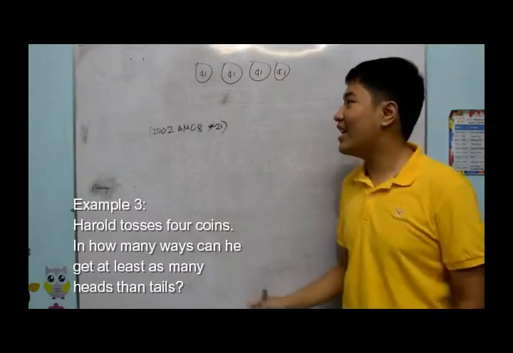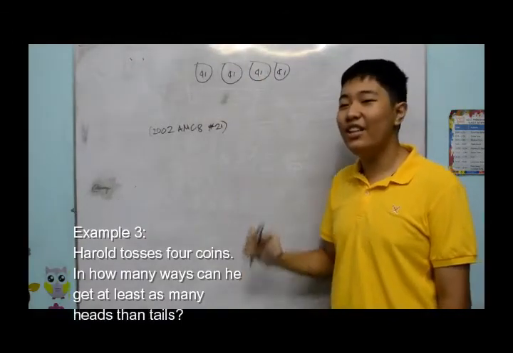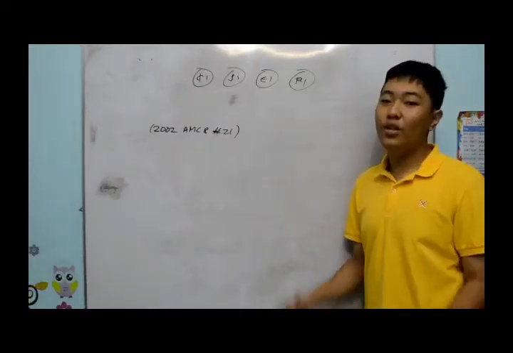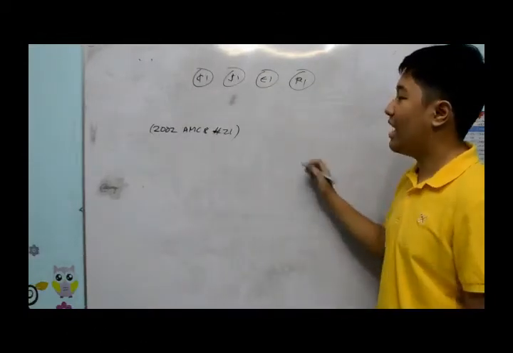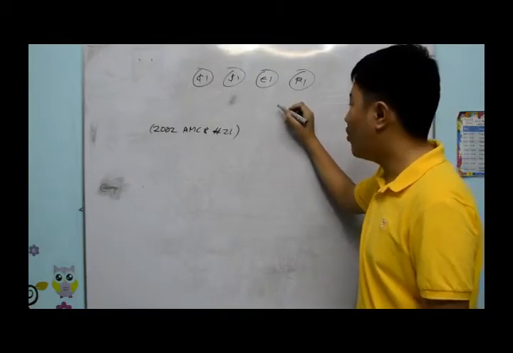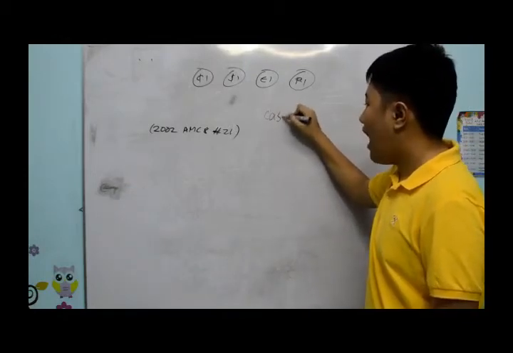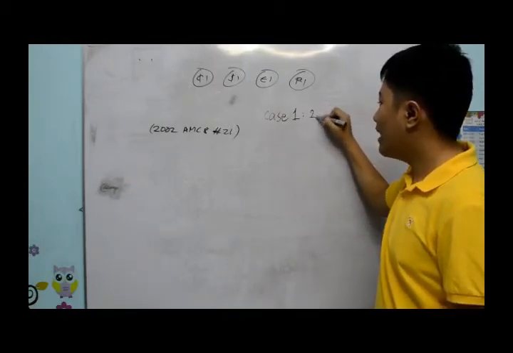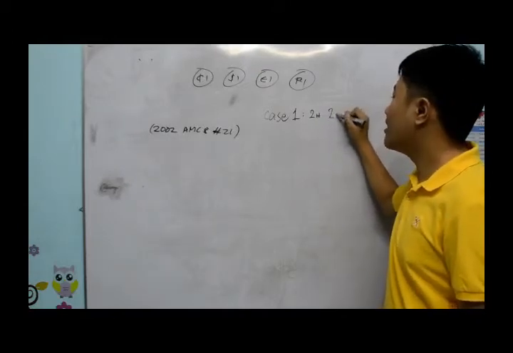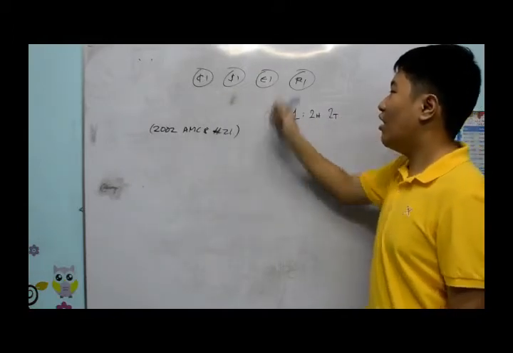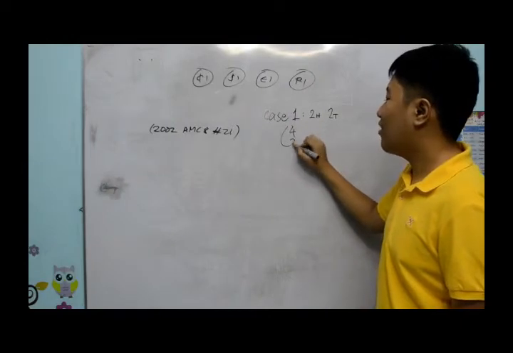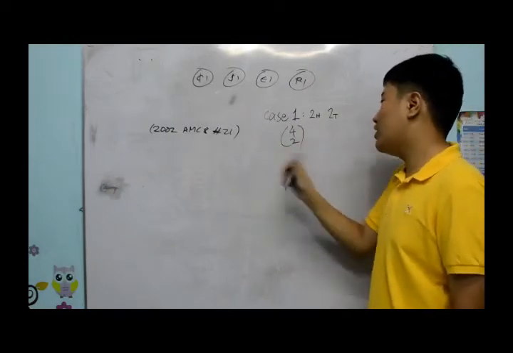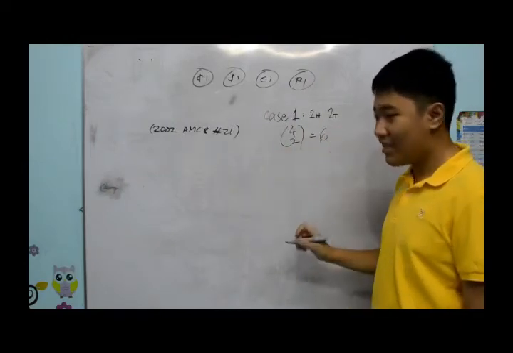In how many ways can he get more heads than tails? Now we actually have to split this problem into cases. Case number 1. Harold gets 2 heads and 2 tails. We can choose which of the 4 coins will be heads. That's equal to 4 choose 2, 6.